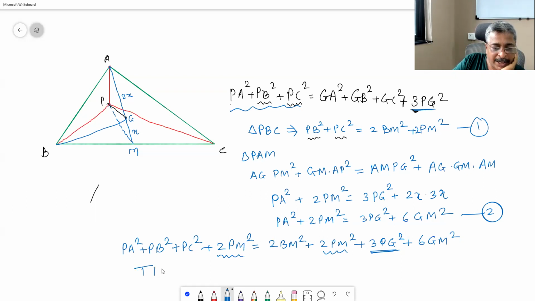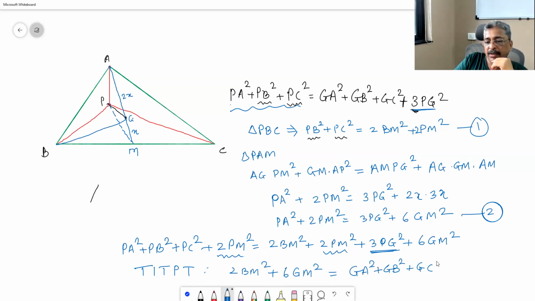Therefore, we have to prove that 2 times BM square plus 6 times GM square is equal to GA square plus GB square plus GC square. If we prove this, then our identity is done.